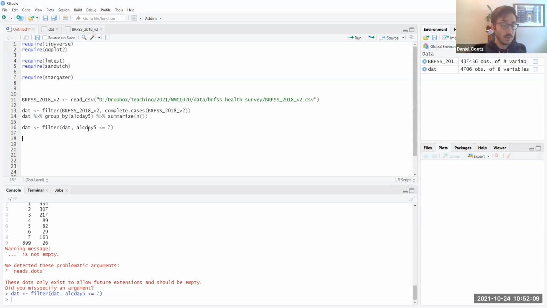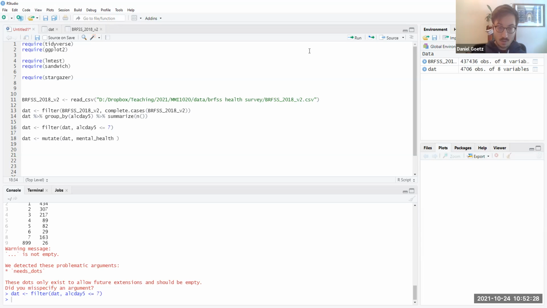So what we're going to want to do is use our mutate command, and we're going to want to create a new variable, which let's just call, say, lower, so mental health written out like this.